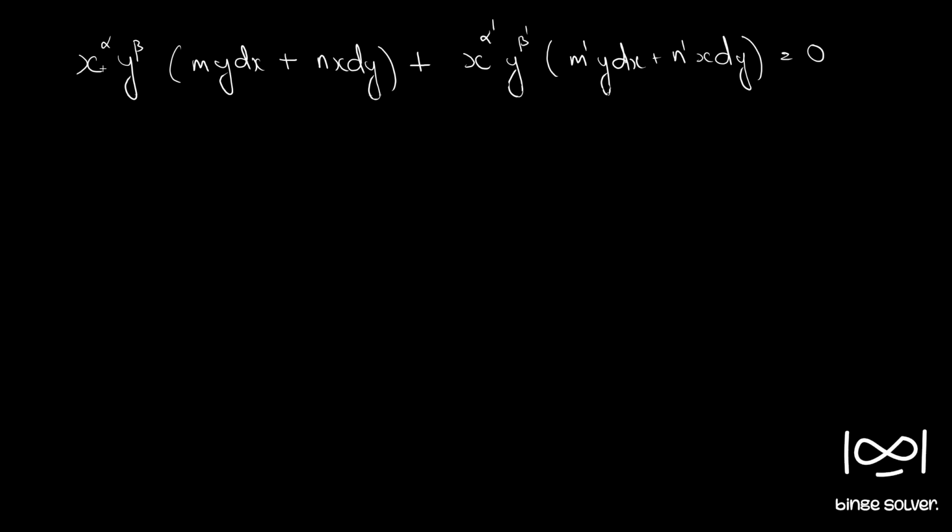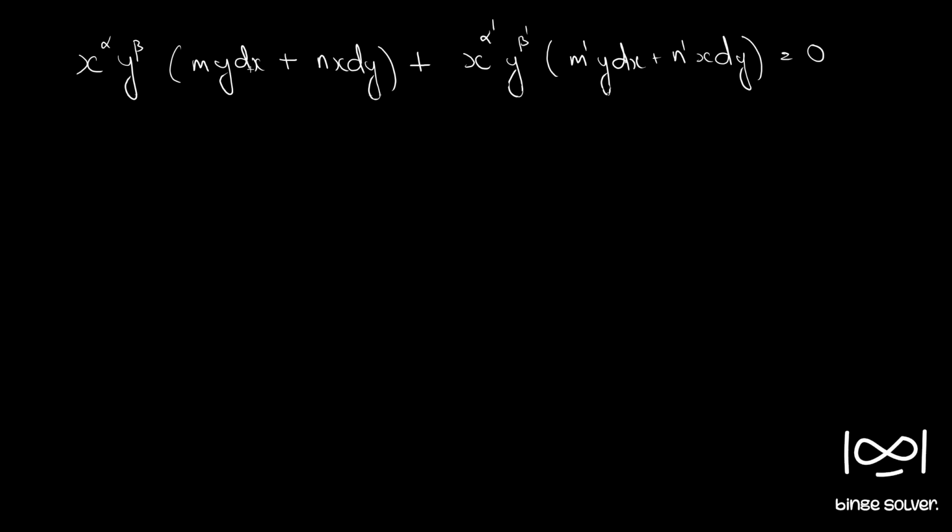If the question appears in this form, x raised to alpha, y raised to beta into (my dx plus nx dy) plus x raised to alpha dash, y raised to beta dash into (m dash y dx plus n dash x dy) equal to 0.